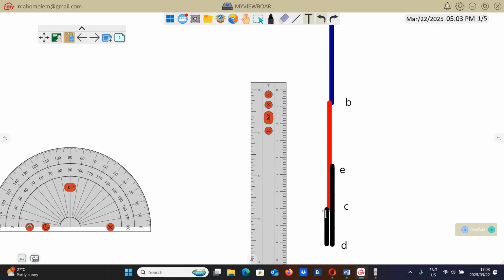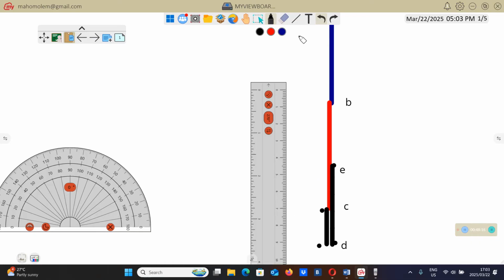Remember I said that this one is 1 centimeter. So if from here to here is 1 centimeter, this one will be like 2 centimeters. So the length of this line DE is not right. It's due to the fact that I'm zooming this in and out, so that's why we're facing this kind of problem.